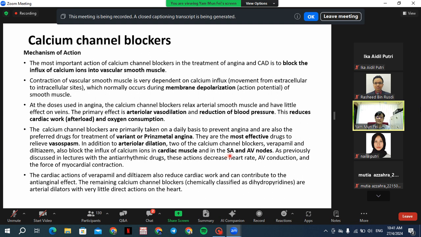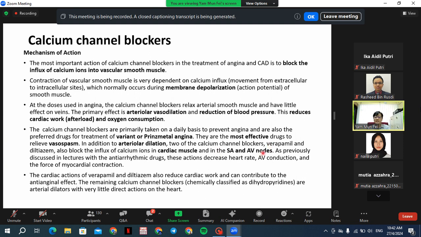Okay, so this drug may also interfere with the influx of calcium in your SA and AV nodes, because the influx of calcium in the SA node and AV node contributes to their action potential. We have two types of action potential: the action potential in your smooth muscle and the action potential in your pacemaker.